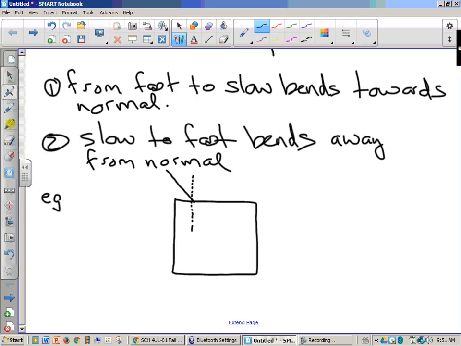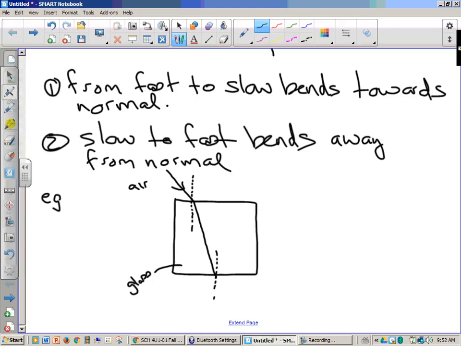You can use a ruler, but you don't have to. And this was air. This is like glass or something, or plastic. It doesn't matter. So air to plastic, which way is it going to bend? Yep. Towards the normal, which is going to be down. So it's going to kind of cut down there.